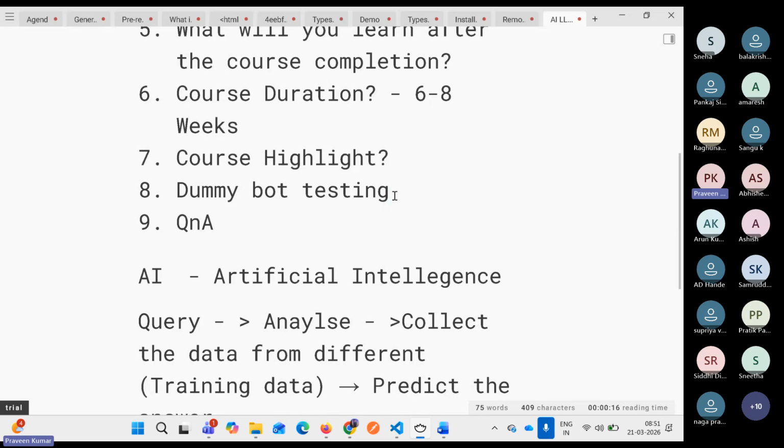That comes as part of another course that we have known as Playwright test automation, where you learn how to write Playwright tests and how to take the help of AI LLM to make your test automation faster. That is an entirely separate course which talks about UI automation. Over here, what you are going to learn is how to test the AI LLM itself.